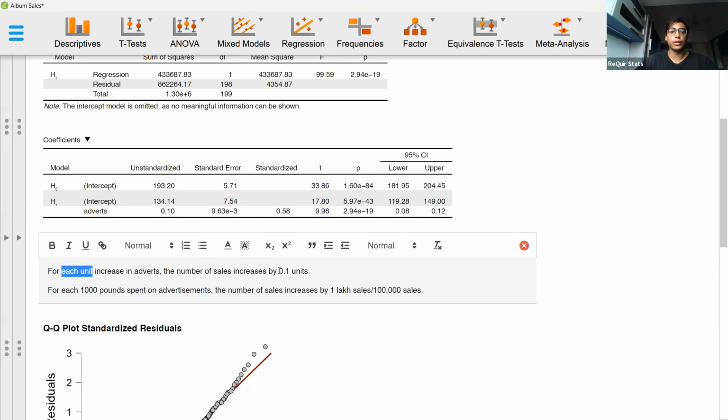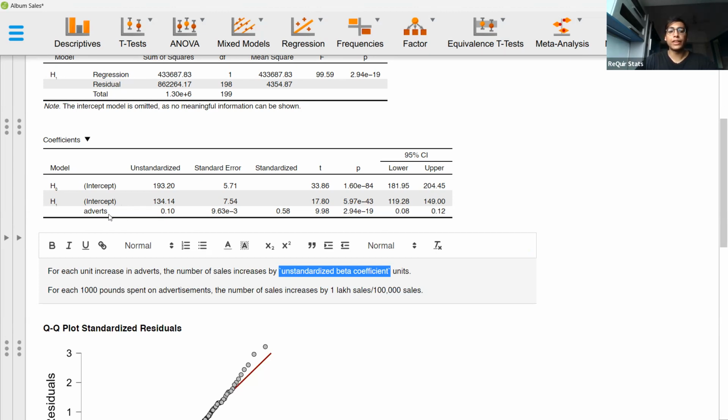So the beta coefficient, you insert unstandardized, and you insert whatever coefficient you have here. So that is how you interpret these coefficients.